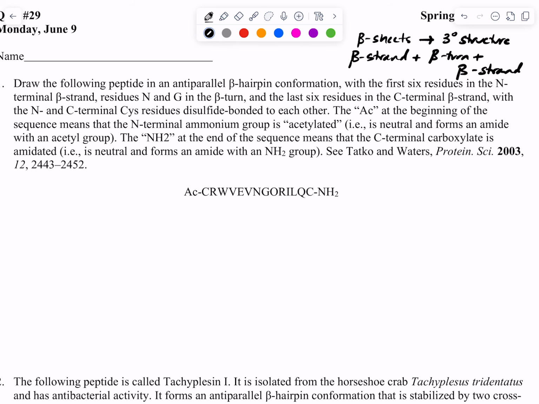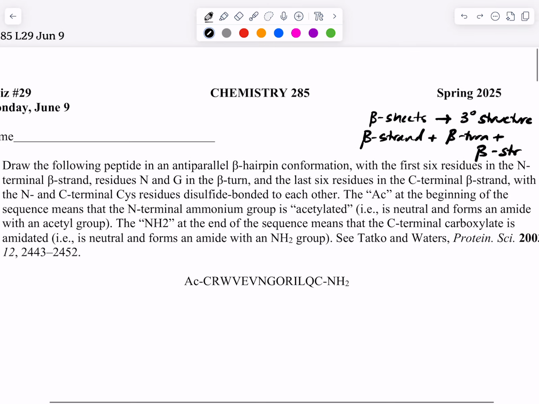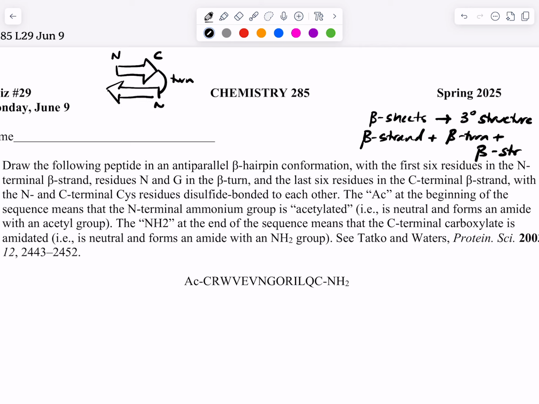And anti-parallel sheets have this basic structure. Here, we'll use this sort of strange arrow shape to indicate the strand. Then there's the turn, and then there's the other strand. And the arrow points towards the C terminus.